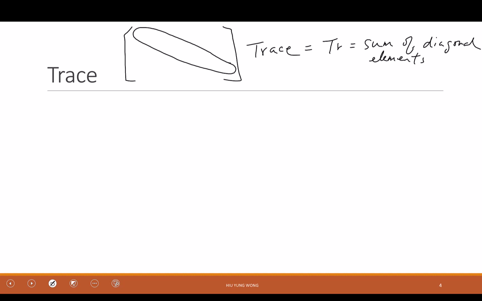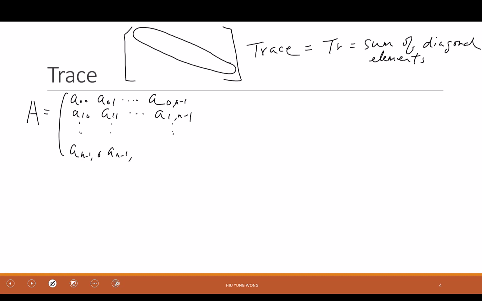This is the definition. Okay, for example, my A equals A00, A01, all the way to A0,n minus 1, A10, A11, all the way to A1,n minus 1, up to A n minus 1,0, A n minus 1,1, all the way to A n minus 1,n minus 1.